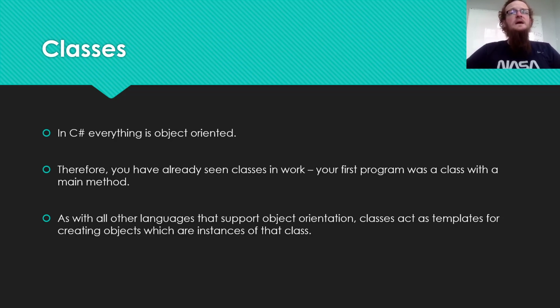So as with every other modern language that supports object orientation, the concept of a class is effectively just a template that you can use to create instances of that class, which are called objects.